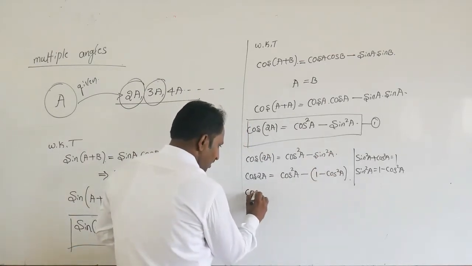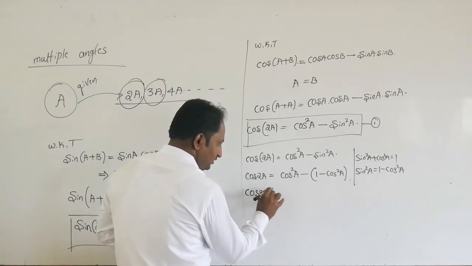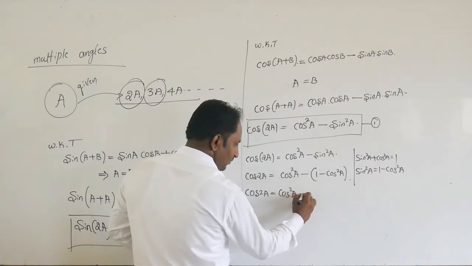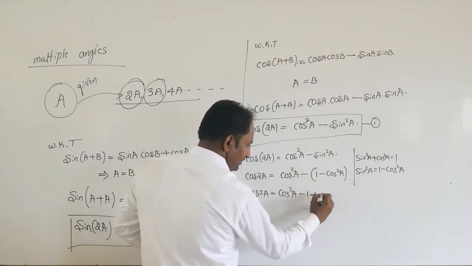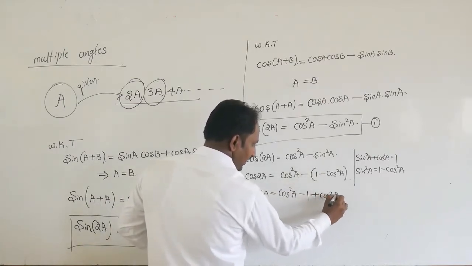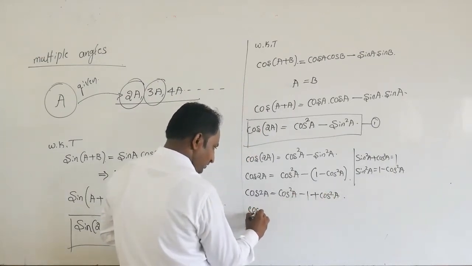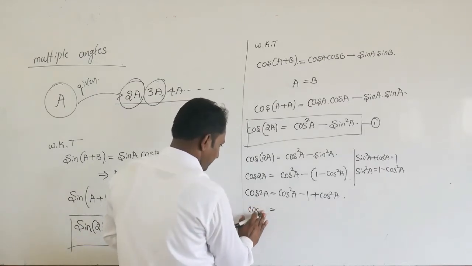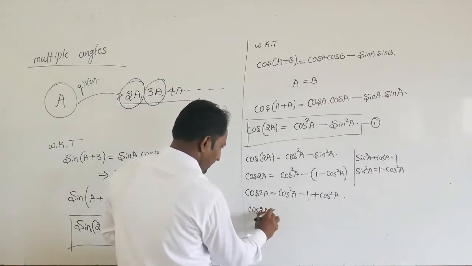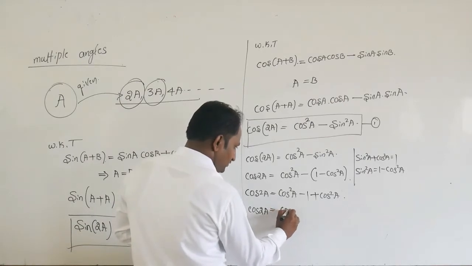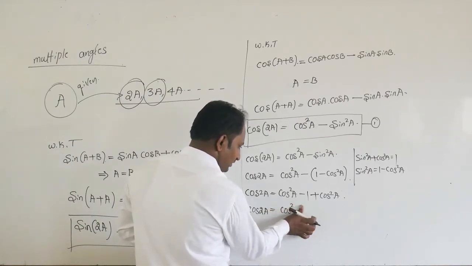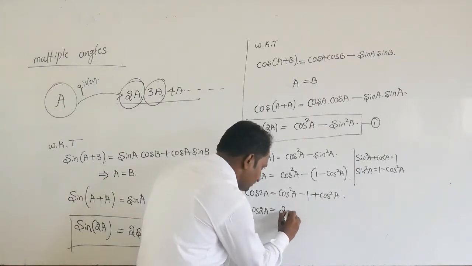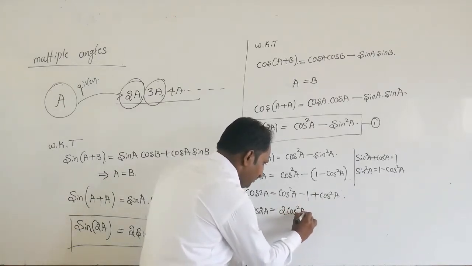Here cos of 2A is equal to cos square A minus (1 minus cos square A), that is cos square A plus cos square A minus 1. The value is 2 cos square A minus 1.